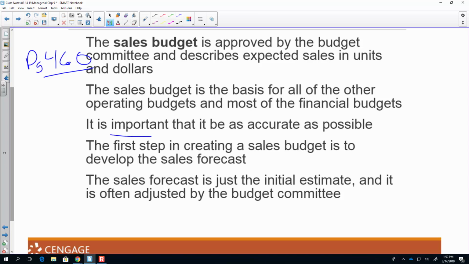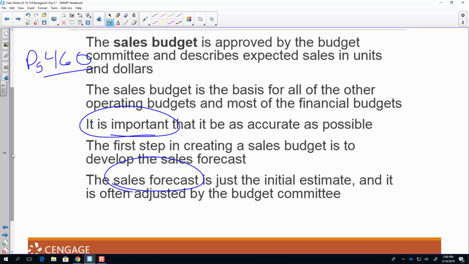But it is the most important report. If you do not get this sales budget accurately, it makes all your other reports underneath it incorrect as well. So a lot of time is spent, again, on developing this budget. What is an accurate forecast for all of next year of our sales?